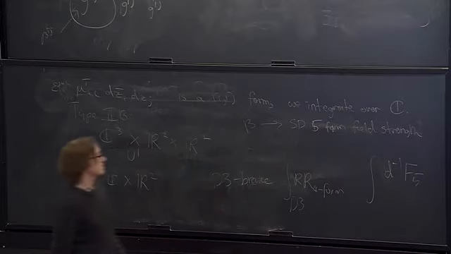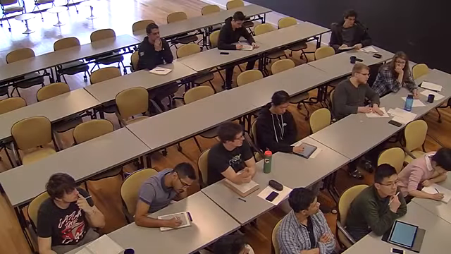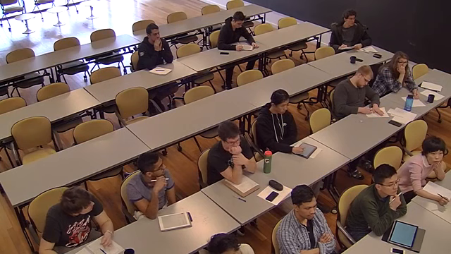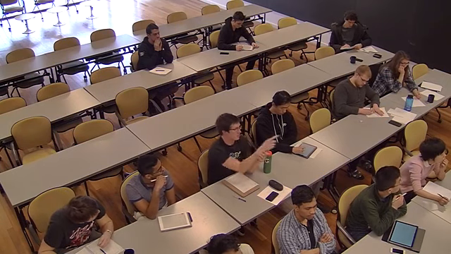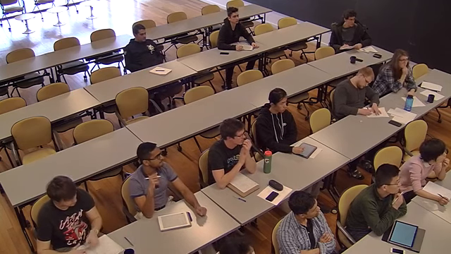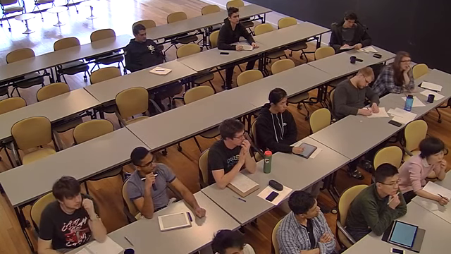Sorry, this del inverse beta thing, that's a 1-1 form? So that would be like a star del inverse beta? I'm just confused about this epsilon thing you did, basically. Oh, this thing here? Yeah. Sorry, del inverse beta is, I shouldn't have said form.